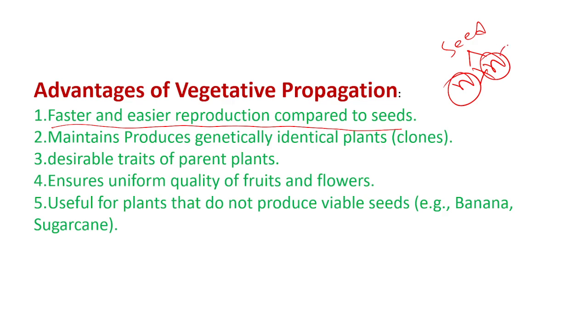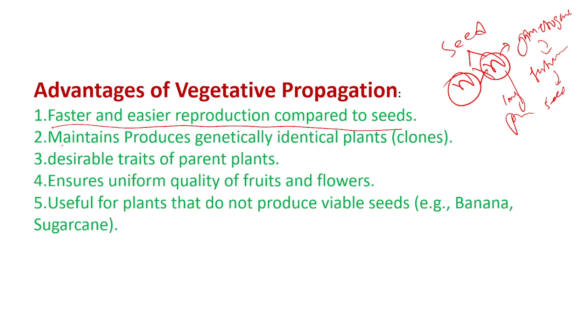First of all, they undergo gametogenesis. After that, fertilization. After that, they grow into a seed. That is a long process. But vegetative propagation is easier and faster compared to seed.